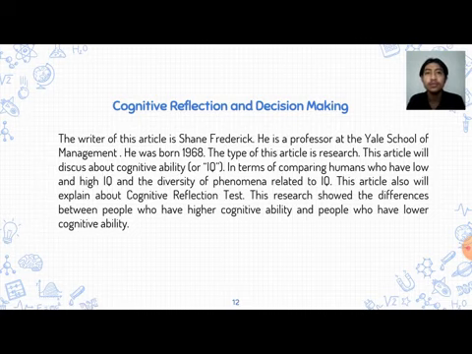This article discusses cognitive ability or IQ, comparing humans who have low and high IQ, and diversity phenomena related to IQ. This article also explains cognitive reflection tests. This research shows differences between those who have higher cognitive ability and those who have lower cognitive ability.